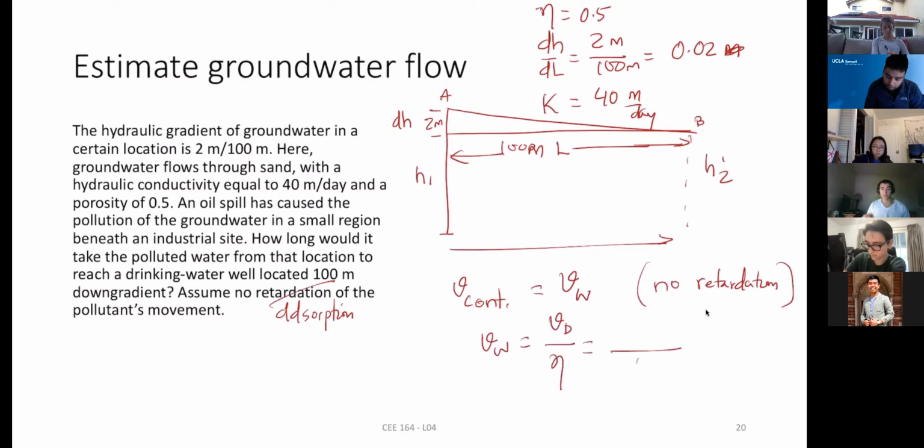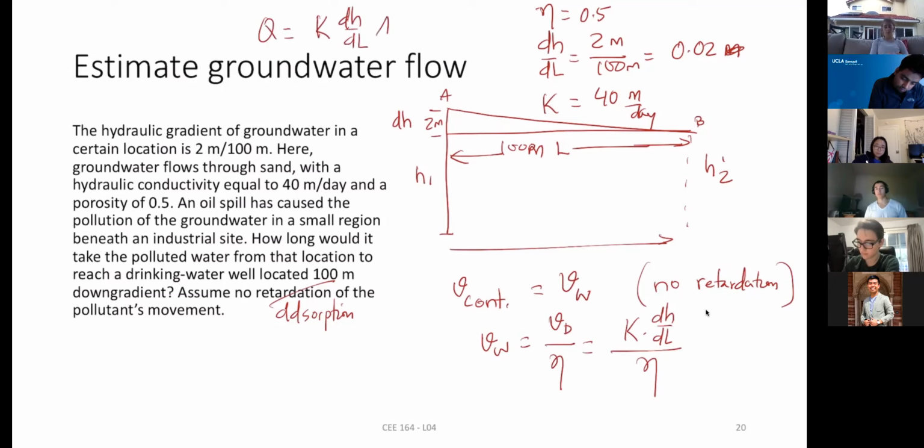And Darcy's velocity is K dh over dl. That's Darcy's law. The flow rate is K dh over dl times area, so the area cancels: flow rate divided by area is Darcy's velocity.